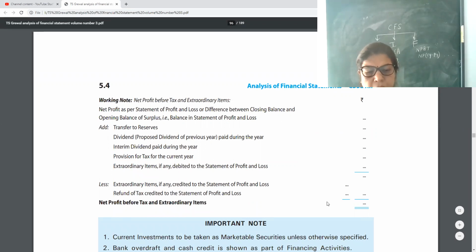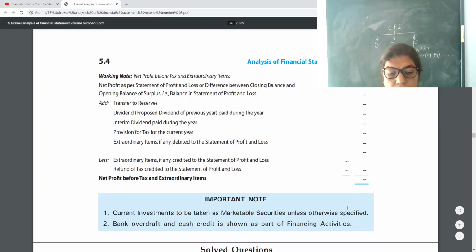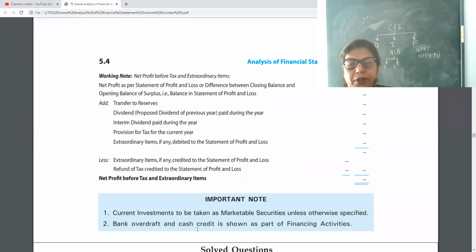So, NPBT, net profit before tax and extraordinary items. Clear? Now, note down two main points of this topic, which is changed according to the new pattern. That is not to be given in the NCERT, but you should be careful.